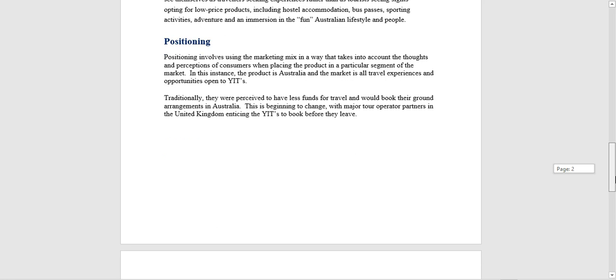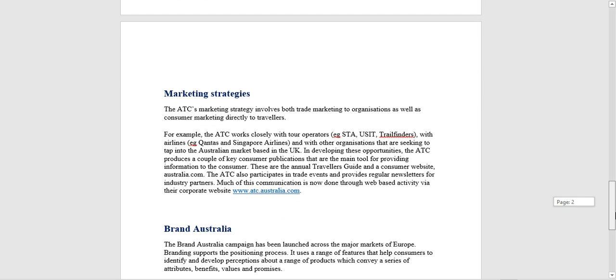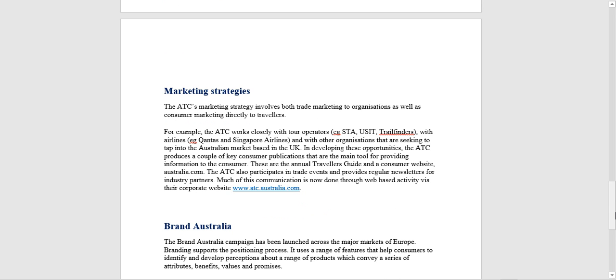Let's come to the marketing strategy, what strategies have been used except STP. So the ATC marketing strategy involves both trade marketing to organizations as well as consumer marketing directly to travelers. See what trade marketing involves. Trade marketing involves when the Australian Tourist Commission is directly going to work with the tour operators and with the flight operators.